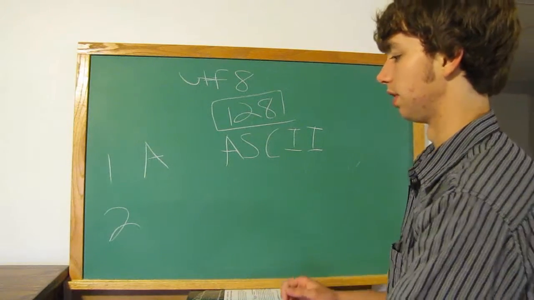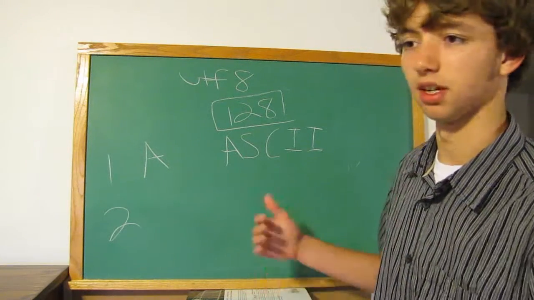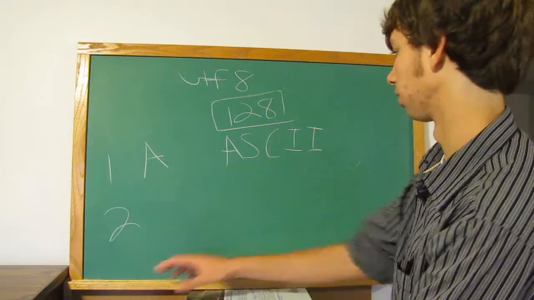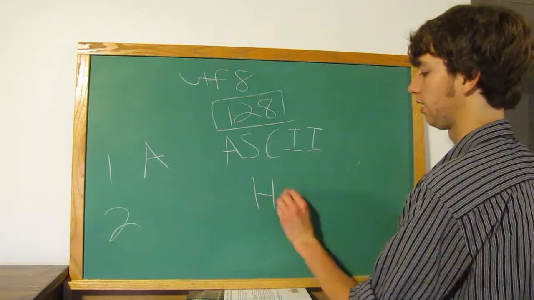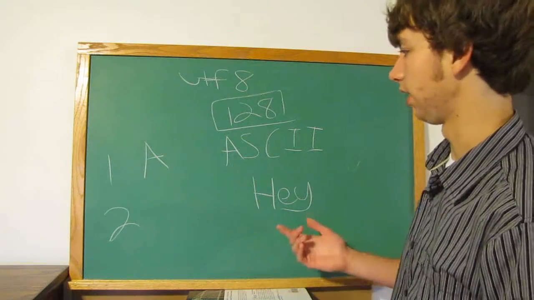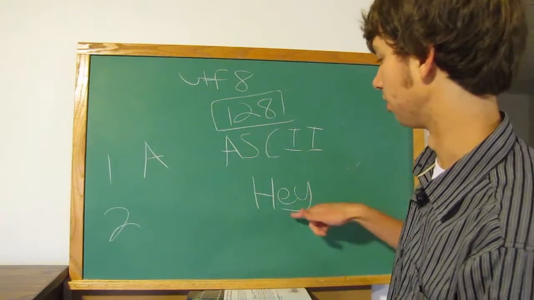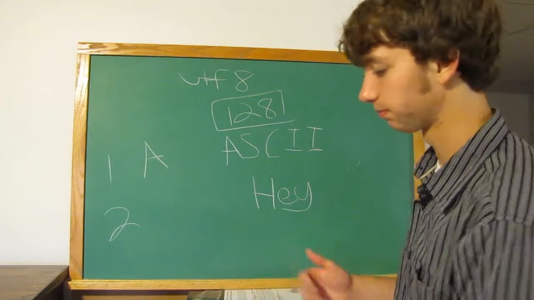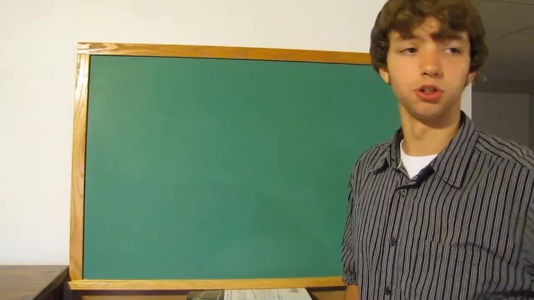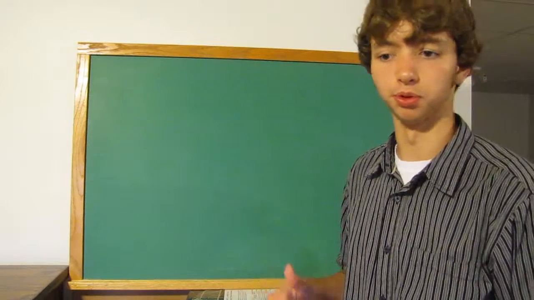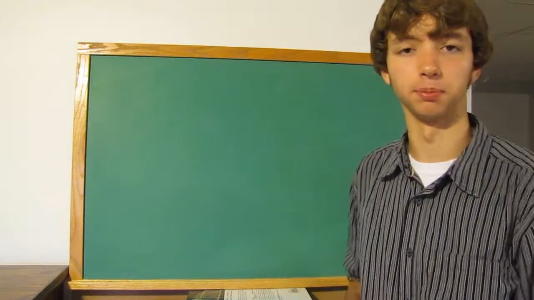So why am I telling you this? Basically, it says how things are stored in a database. If you have the word like hey right here, these are all ASCII characters, so they're only 1 byte each. Simple as that. And when you go onto phpMyAdmin, you can view all the possible character sets and collations, and I'll show you that in an upcoming video.